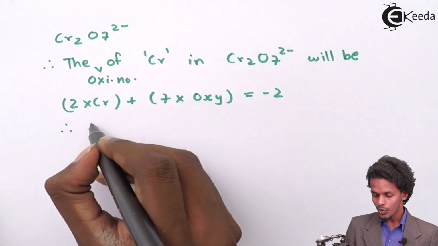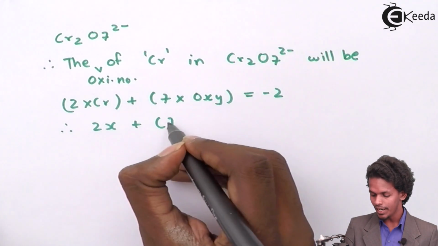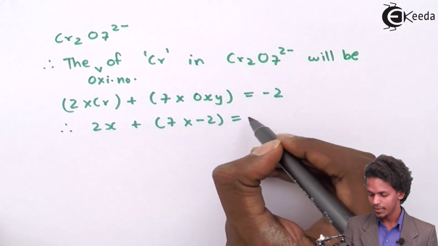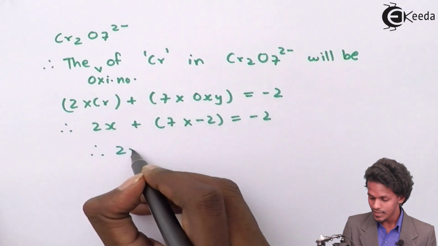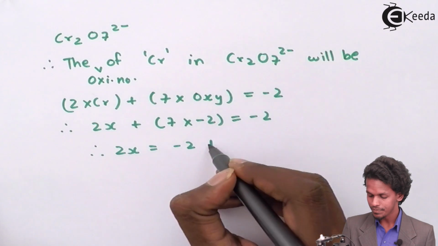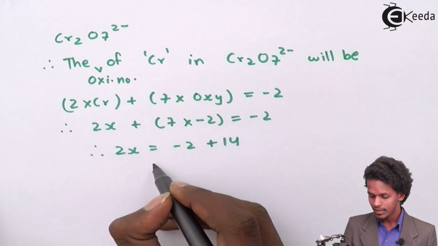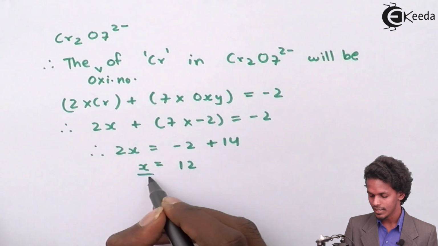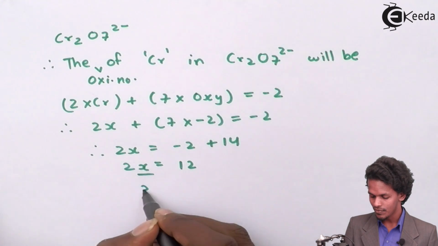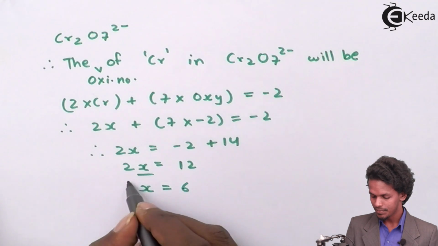So therefore 2 into x plus 7 into minus 2 equals minus 2. So therefore 2x is equals to minus 2 plus 14. This will give an answer as 12. Therefore the value of x in this case will be 6.